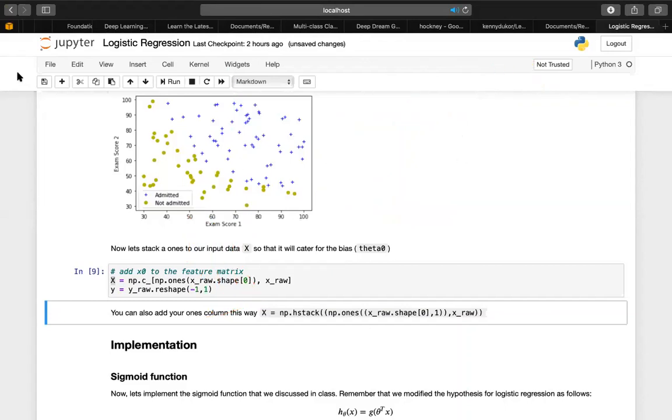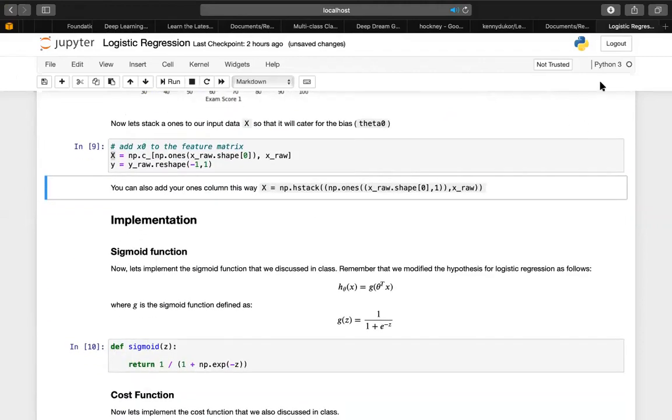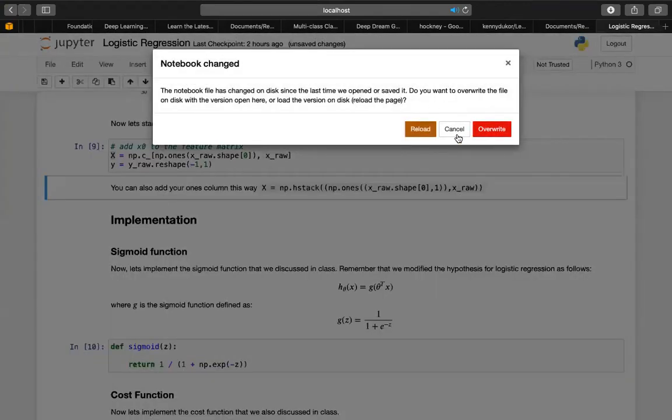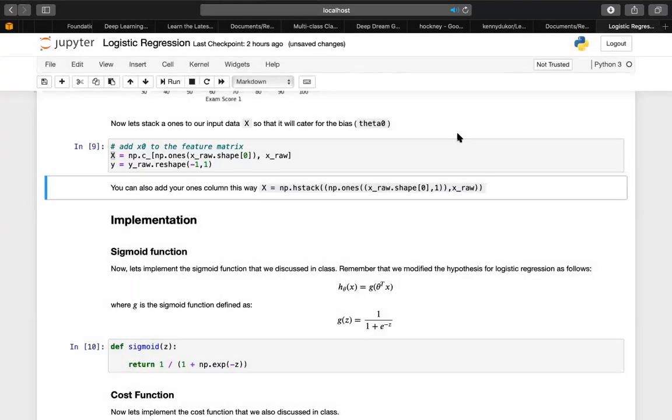Okay, let's move on. So we are almost set to pass our data into our algorithm. First things first, we have to define it. Remember, we said something about the sigmoid function for logistic regression.